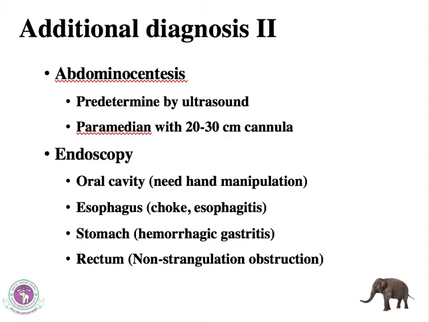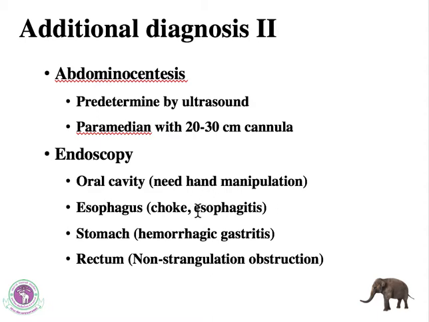Endoscopy is also very useful. Through the oral cavity, it helps you identify some teeth problems or ulceration in the oral cavity. For the esophagus, it helps identify choke and esophagitis. Choke you can identify from the clinical presentation, but esophagitis you cannot.